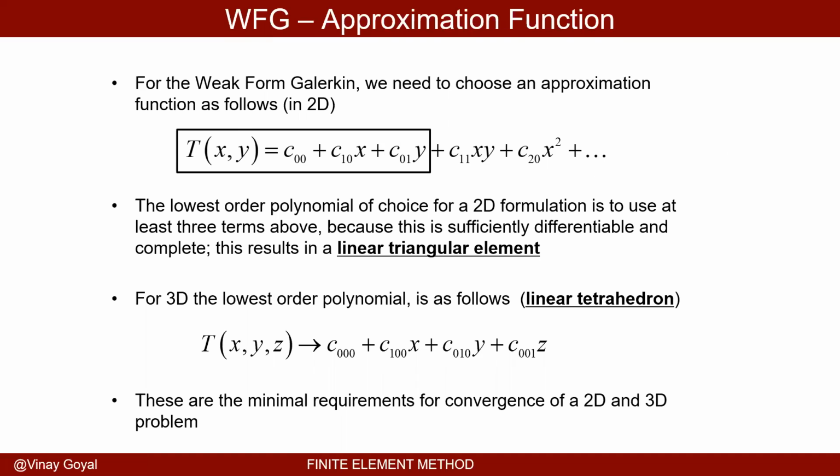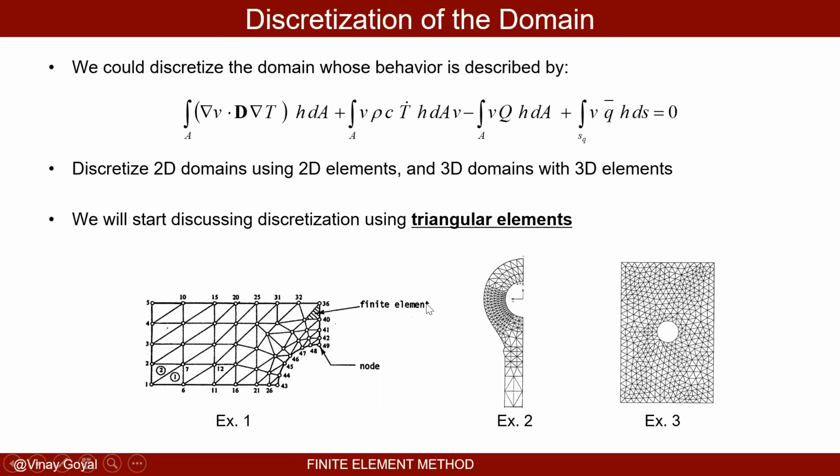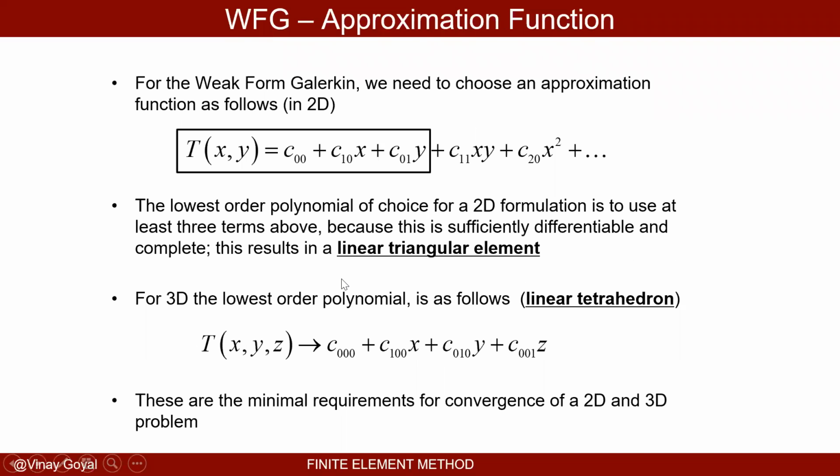But for a linear triangular element, I have three nodes. So we have three nodes for a linear triangular element, and so I have to have three unknowns. And so it makes sense that I stopped here, because I have three nodal unknowns. Well, I really want to have three nodal unknowns. So these have to be the only ones I consider.